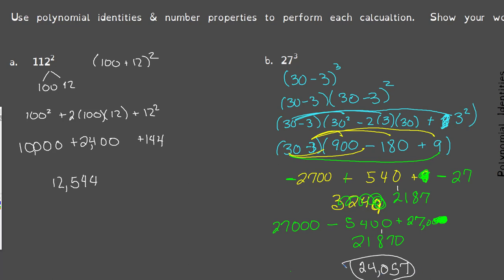And so it's not always easy, but it is easier than multiplying 27 cubed, or 27 times itself 3 times.